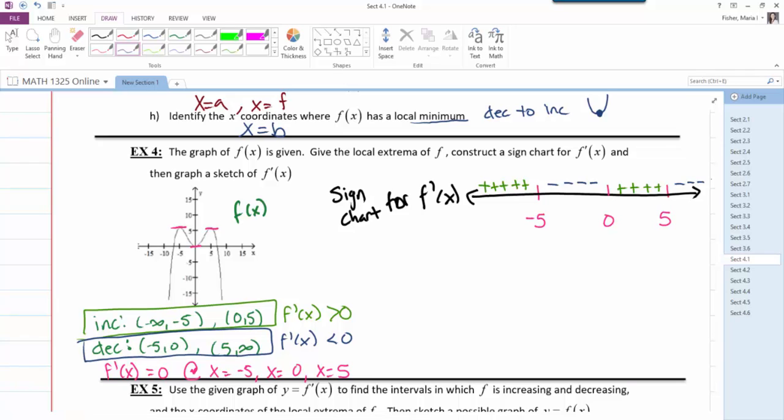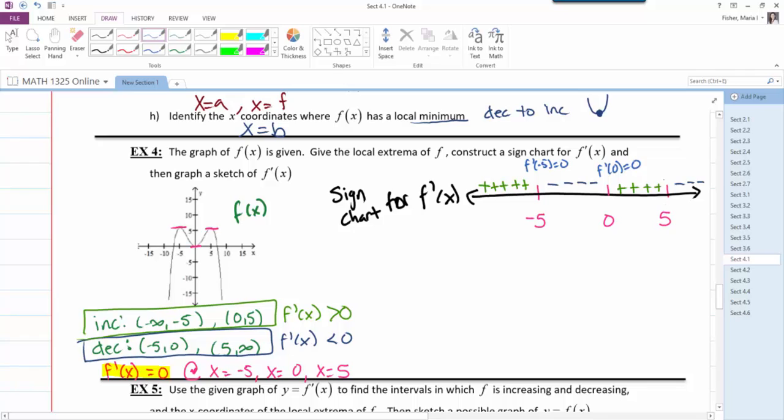So we're almost done. We want to label exactly what's happening at negative 5, 0, and 5 to be finished with our sign chart here. At negative 5, we know the value of that first derivative is equal to 0. So here we would write f prime of negative 5 is equal to 0. Again, at 0, we know that the value of the first derivative is 0, so we would write f prime of 0 equals 0.